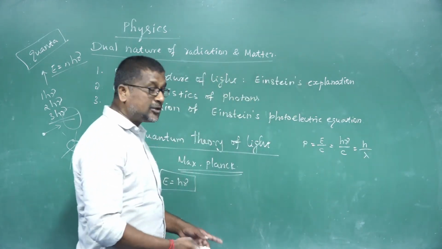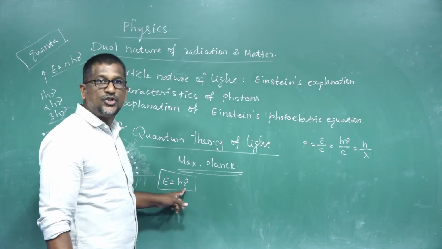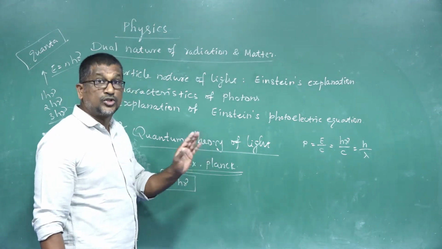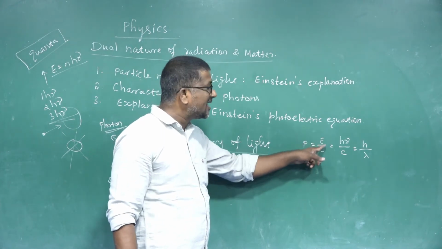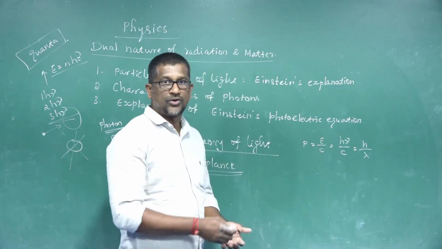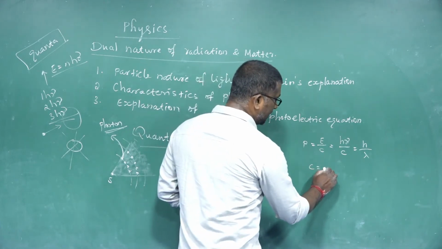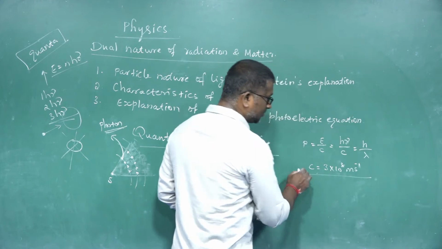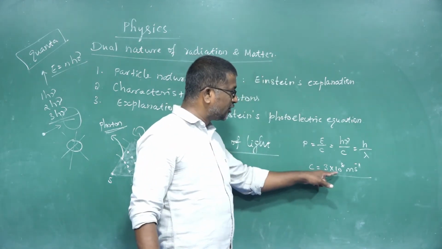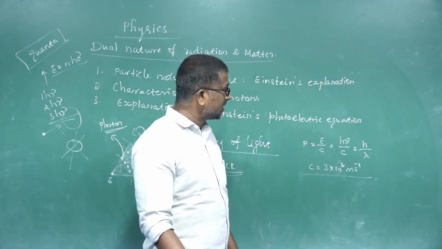The energy of each photon is E is equal to h nu. In p is equal to E divided by c, E is the energy of the photon and c is the velocity of light. We know that the velocity of light is 3 into 10 power plus 8 meter second power minus 1.